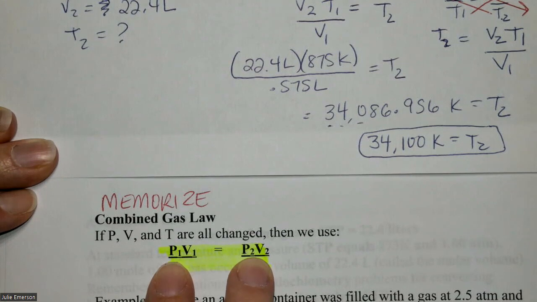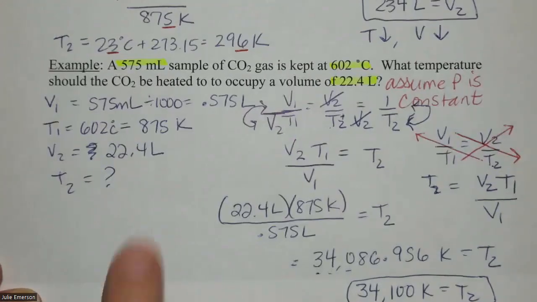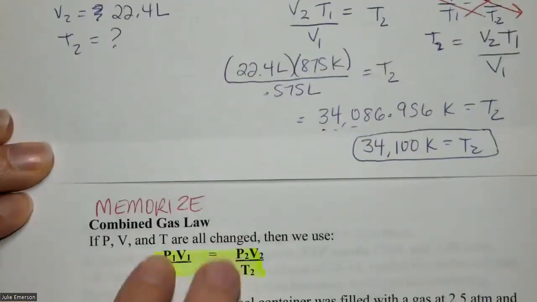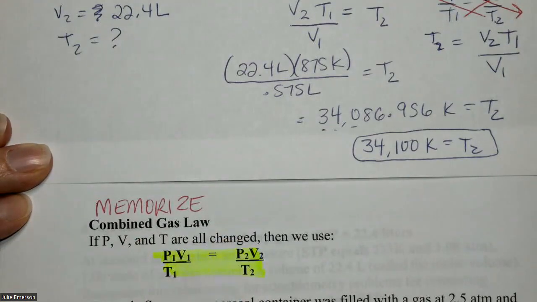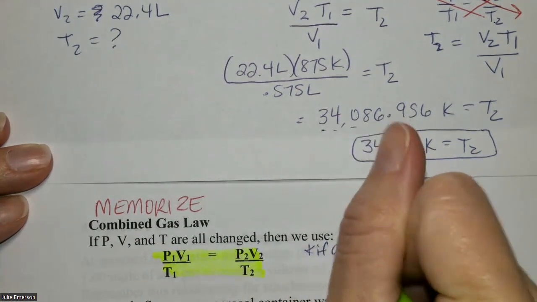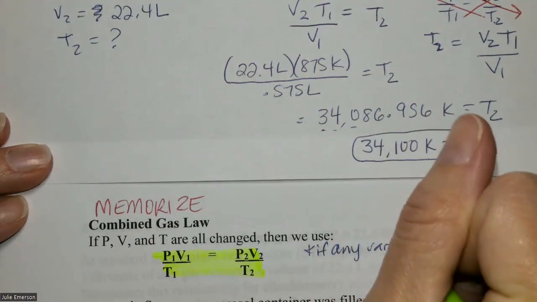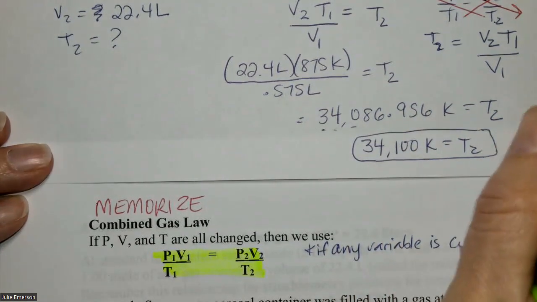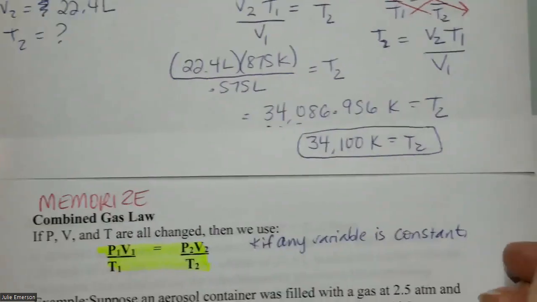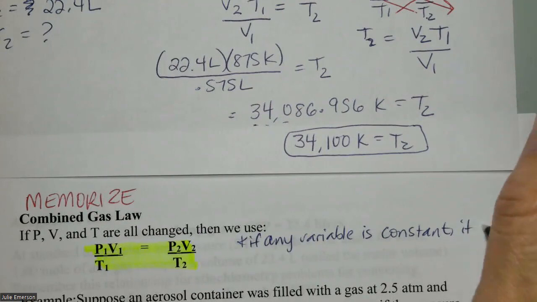So we just cancel it out. If we were doing this last example where pressure's not mentioned, so we assume it's constant, then again, we would just cancel it out. So with the combined gas law formula, the first thing we're going to note is, if any variable is constant, then that just means it cancels out.